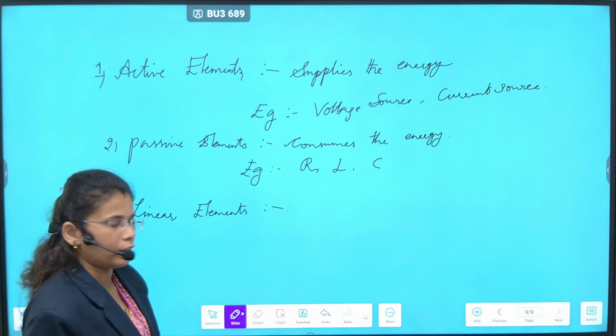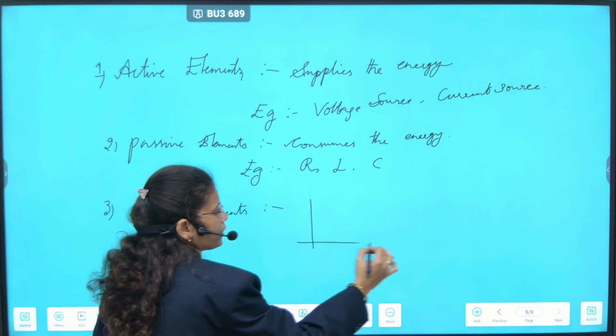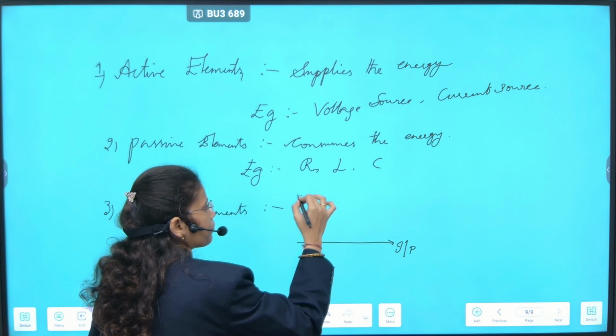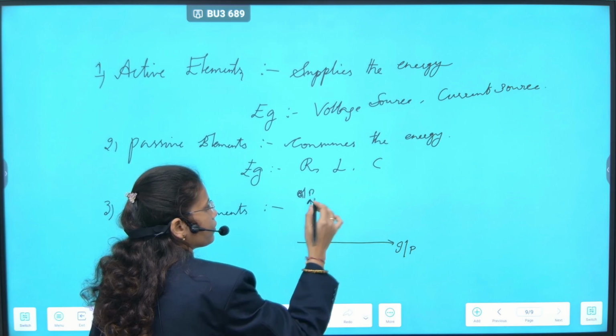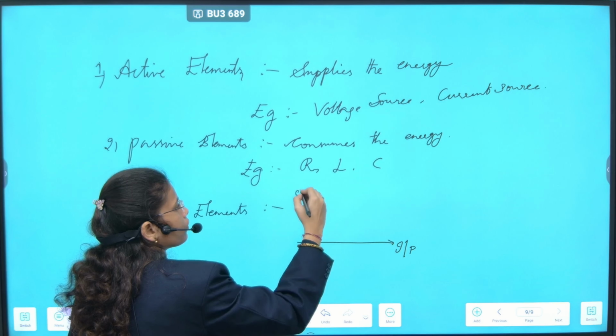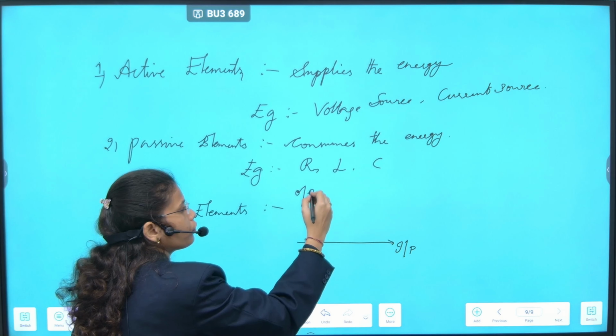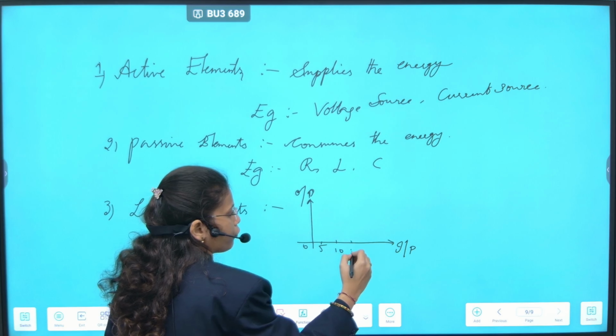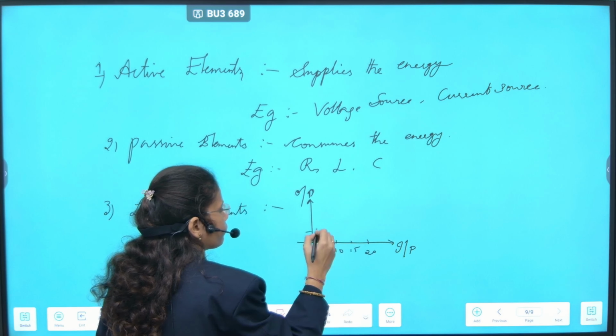Next, linear elements. As I have discussed, for linear elements, when the input of the system increases, let us consider this is 0, 5, 10, 15, 20.